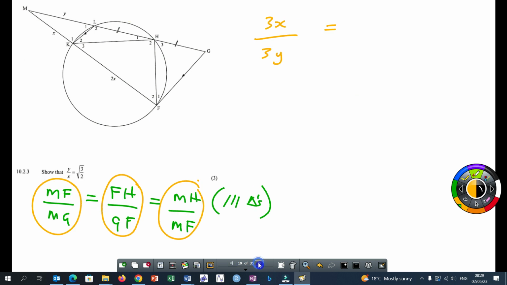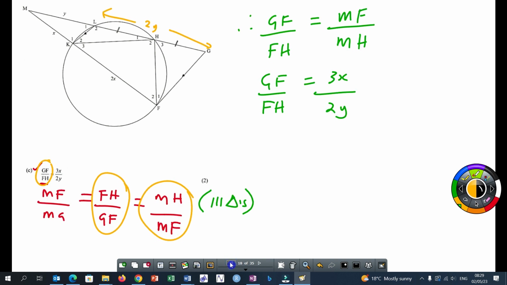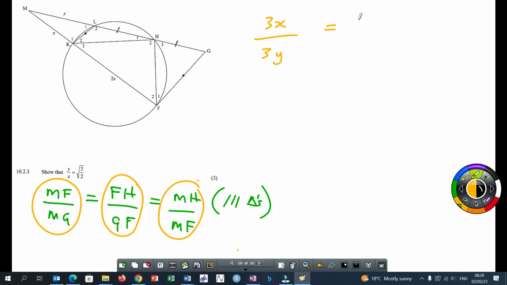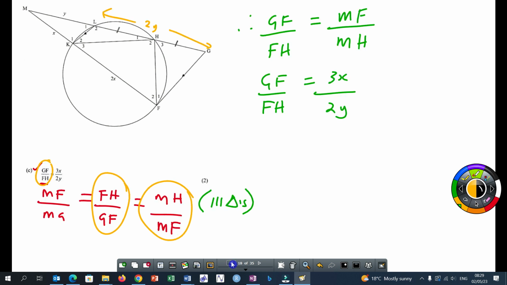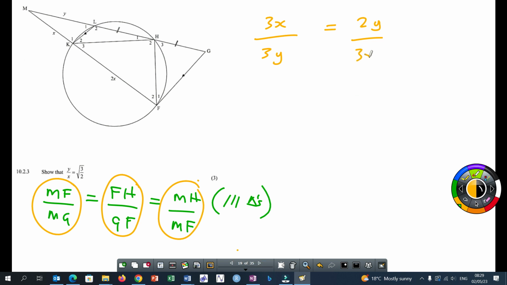So that's FH over GF, which is 2y over 3x. Then you do some cross multiplication. If you do cross multiplication, you get 9x squared equal to 6y squared.